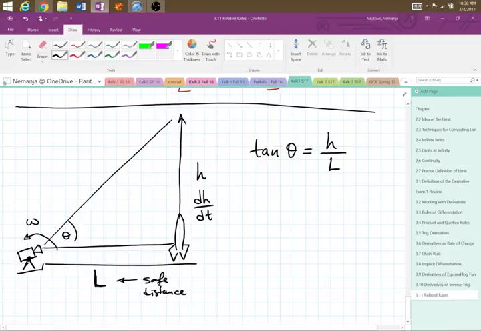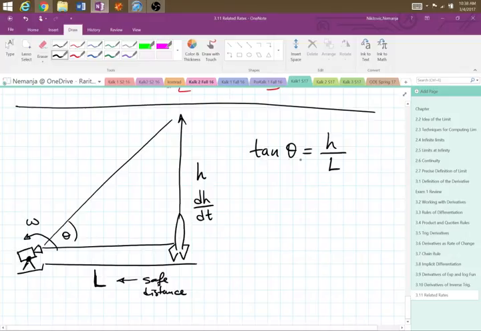I don't know what it is, so I'm just going to keep it as L. So now I want to find the change in theta, which is angular velocity, at which we need to program the servo. Servo is a motor that slowly raises the camera to move the shot so that the rocket is always in the middle of the shot.